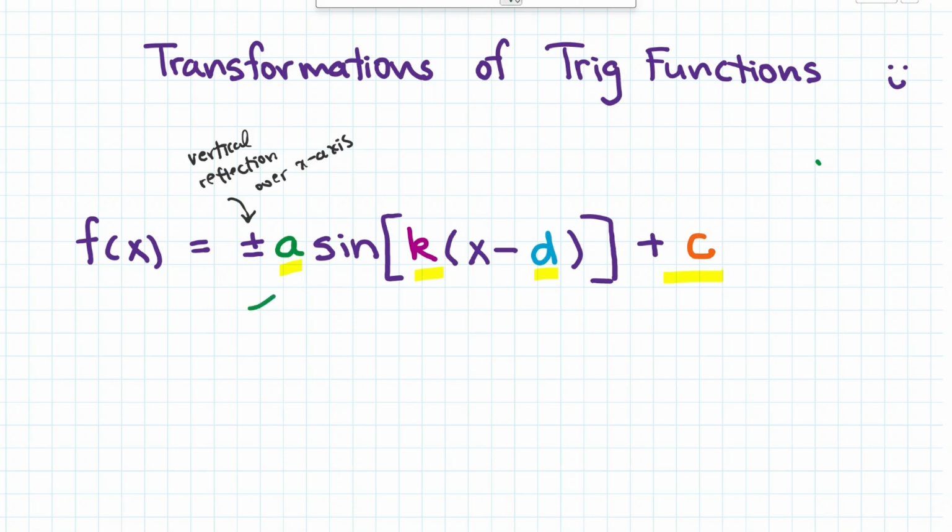What about the a? If we are thinking about a regular function, and when I say regular, I mean just not a trig function, what does that mean? Traditionally, that would mean we'd have a vertical stretch by a factor of a. But what does this mean in terms of trigonometry?